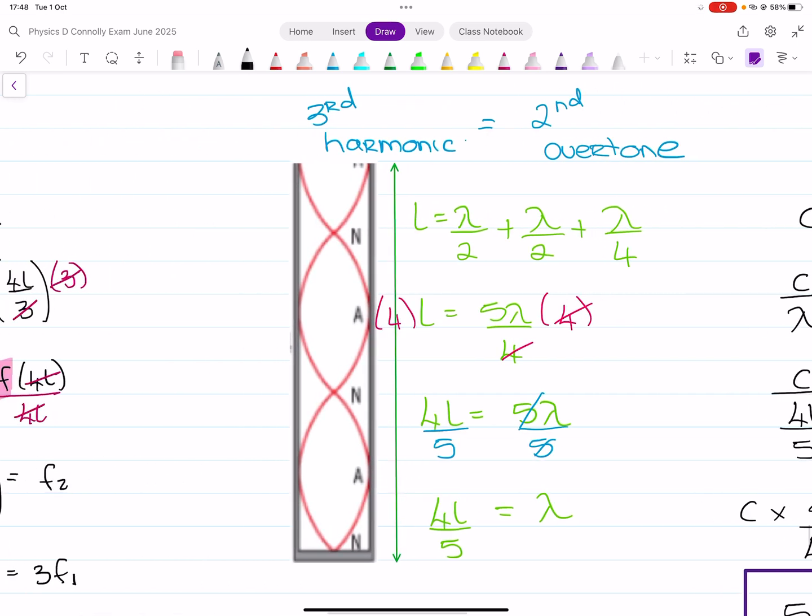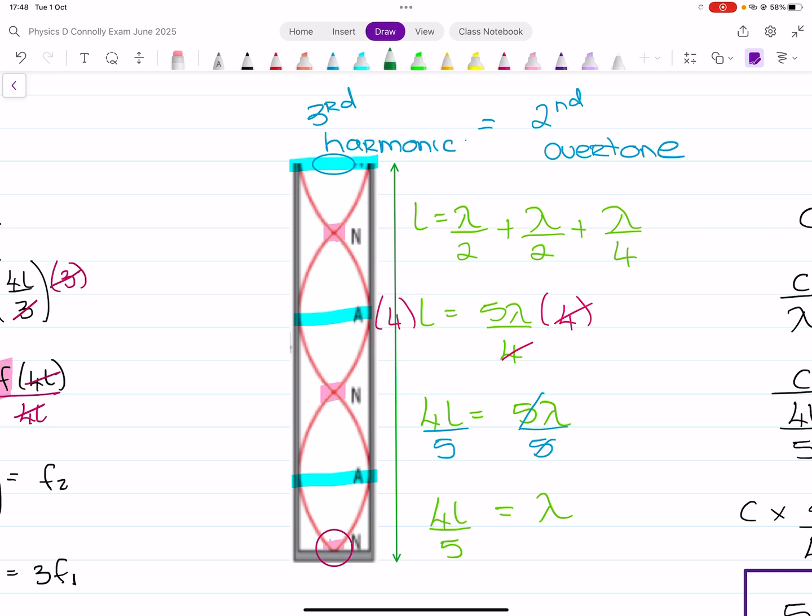Okay, so here's the third harmonic. Now a lot of this is done already, so I won't rub it out. So we've 1, 2, 3 nodes, and note that we have a node at the closed end. And then we have 1, 2, 3 antinodes, and again an antinode at the open end. So we're following the rules.